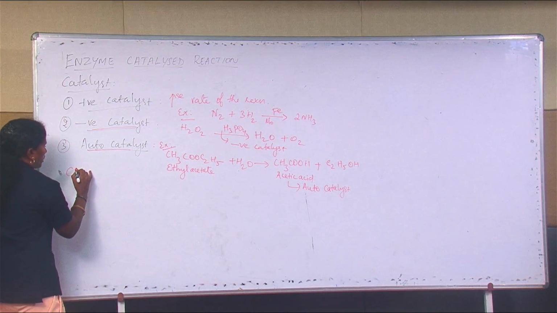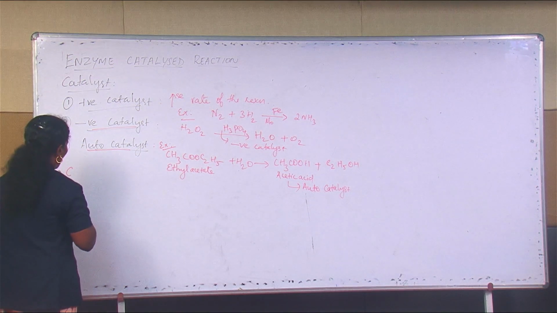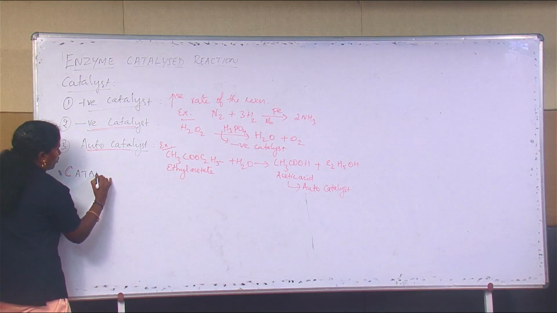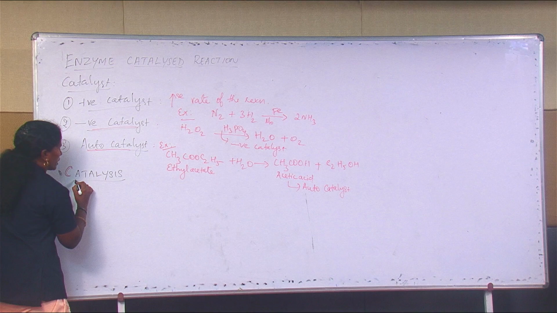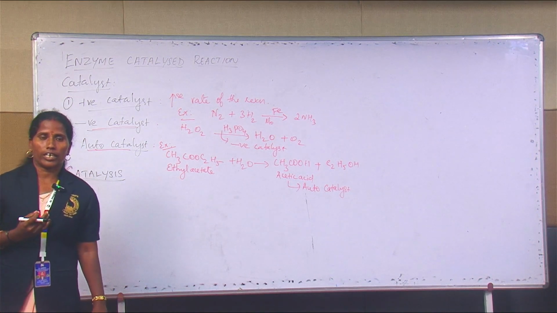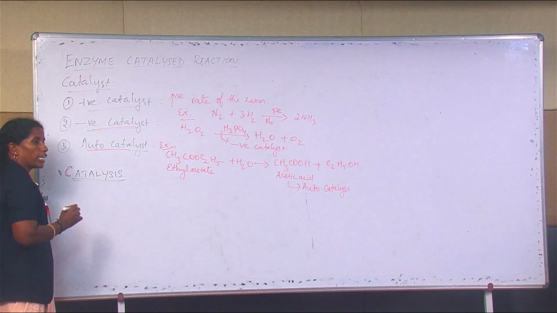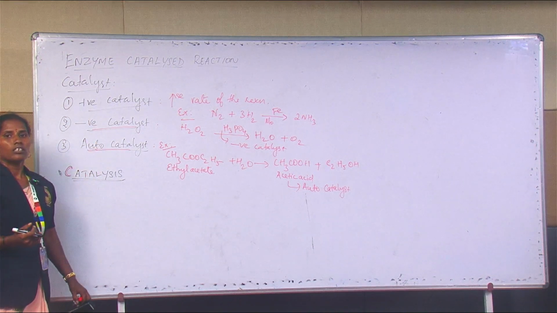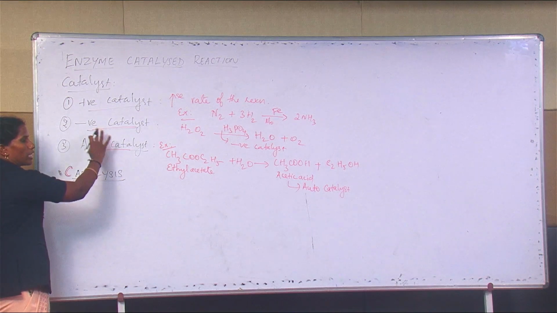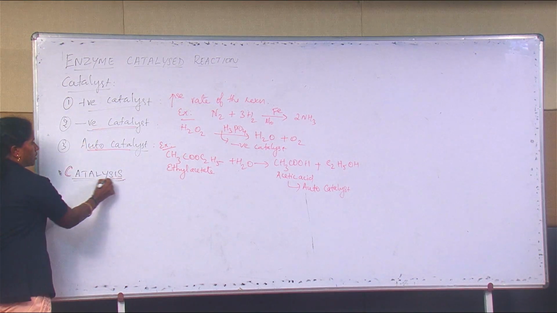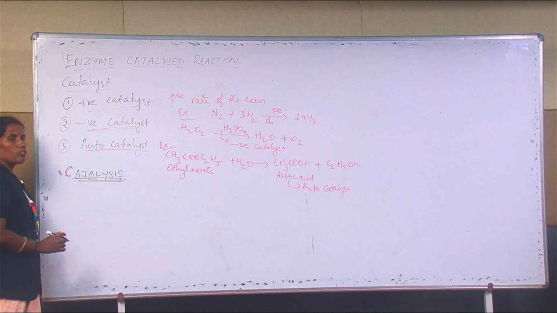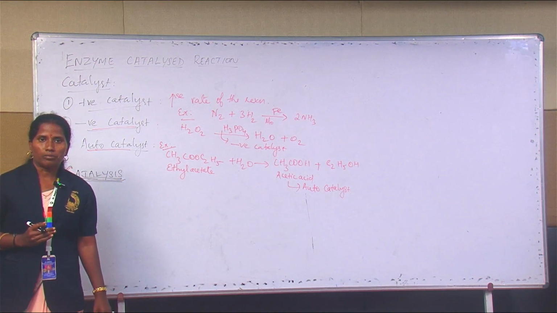Next, catalysis. What is meant by catalysis? Catalysis means the process of altering the rate of chemical reaction with the help of a catalyst. So the process of altering the rate of reactions with the help of the catalyst is known as catalysis. There are three main types of catalysis.